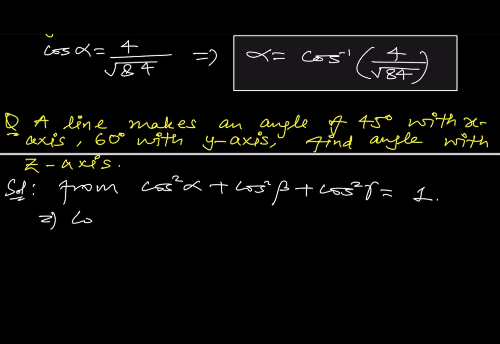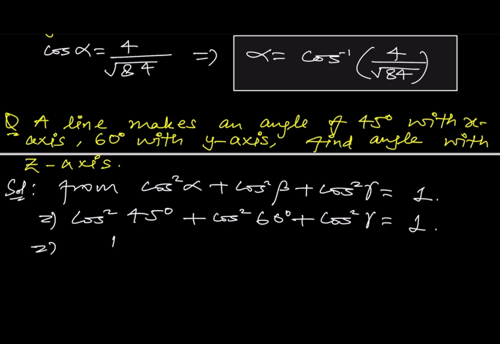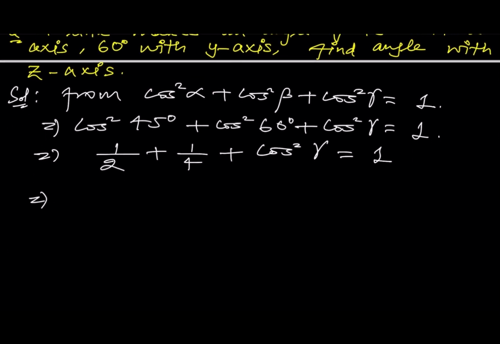So cos square alpha is for 45 degree plus cos square beta is for 60 degree plus cos square gamma is equal to 1. So this is 1 by 2 plus 1 by 4 plus cos square gamma is equal to 1. So cos square gamma is equal to 1 minus (1 by 2 plus 1 by 4), that is 1 by 4.